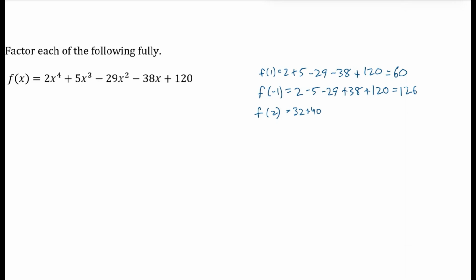Ooh. It's 116. But this is where you don't want to make a silly mistake. That could ruin the whole question. 38, negative 38 times 2. 76, I think. Plus 120.